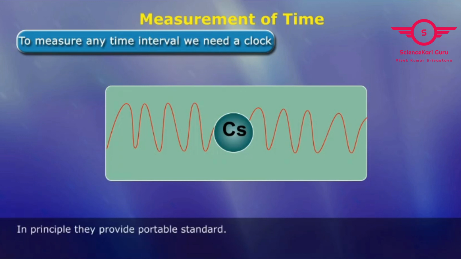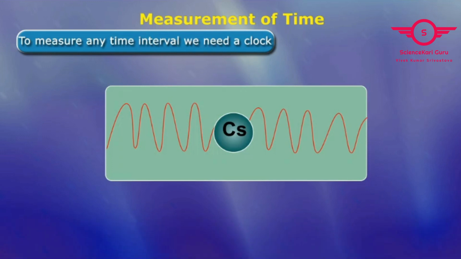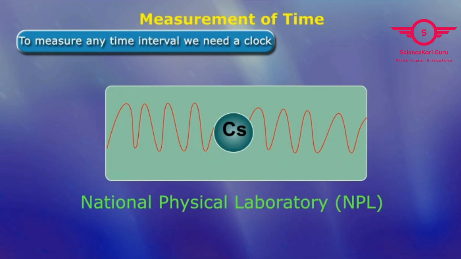In principle, they provide portable standards. The national standard of time interval second, as well as the frequency, is maintained through 4 cesium atomic clocks. A cesium atomic clock is used at the National Physical Laboratory (NPL), New Delhi, to maintain the Indian Standard of Time.